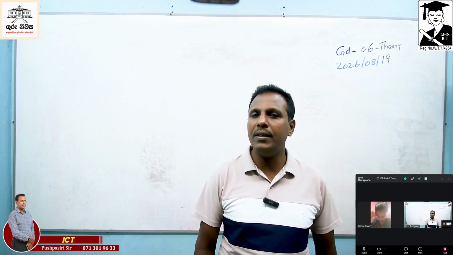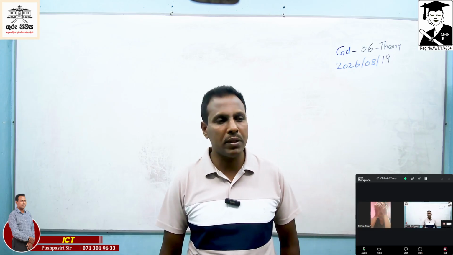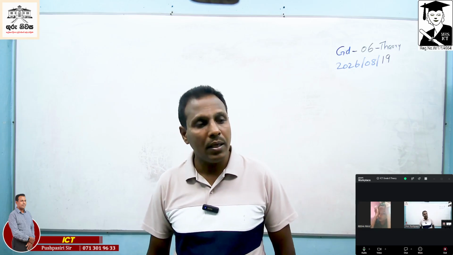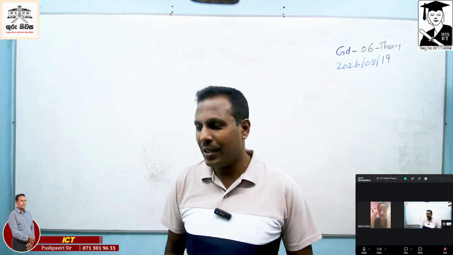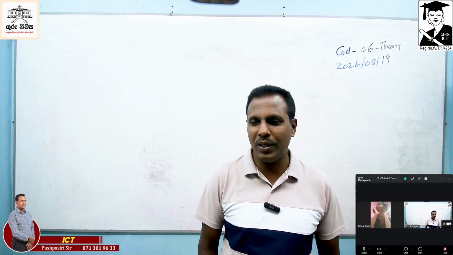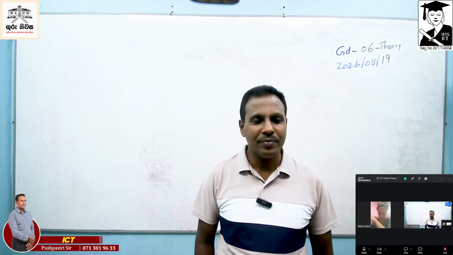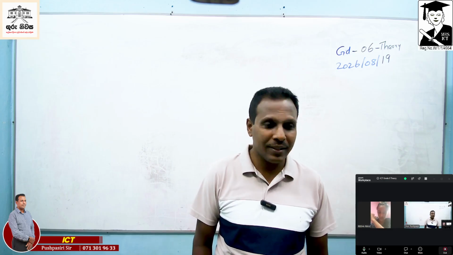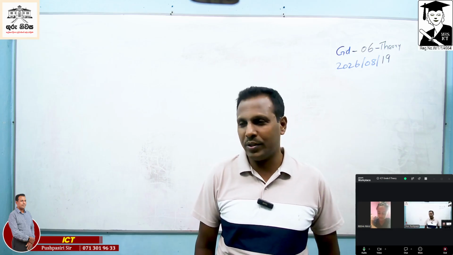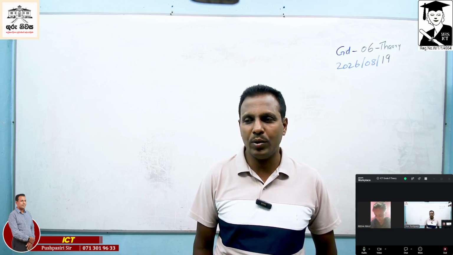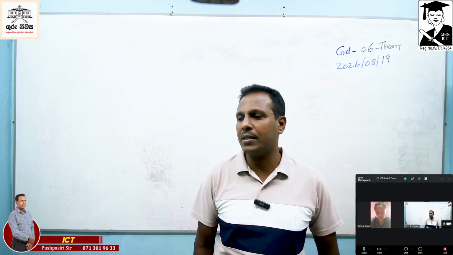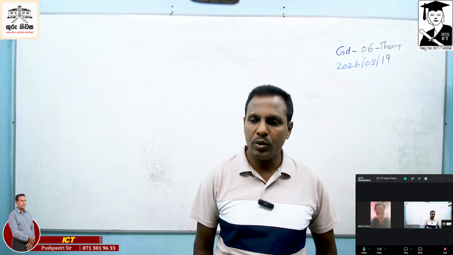So we studied that an algorithm can be expressed in how many ways? 2 ways. Yes, 2 ways. What are those 2 ways? Flowchart and pseudocode. Very good. We did not discuss what pseudocode is in detail, but we discussed flowchart.